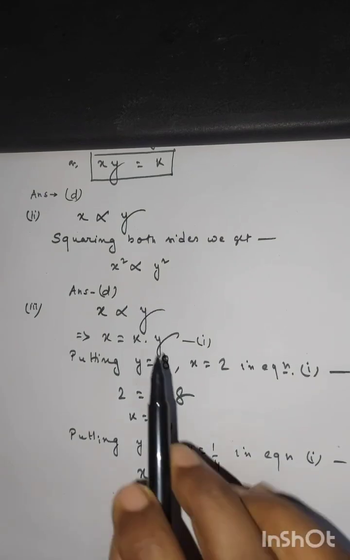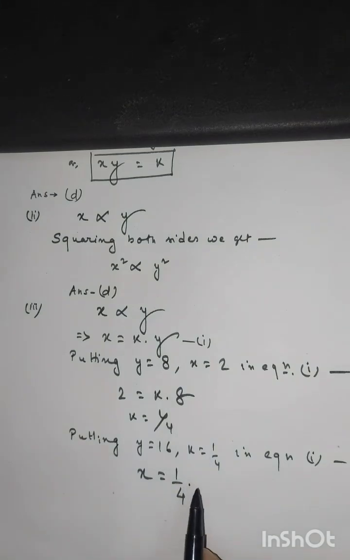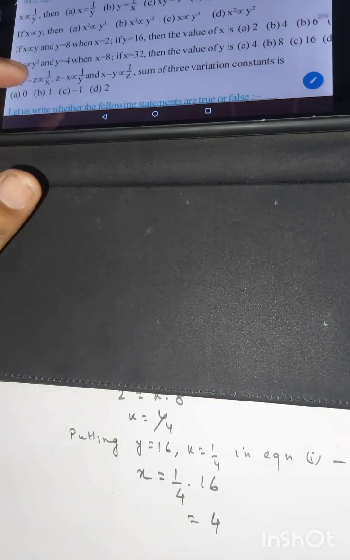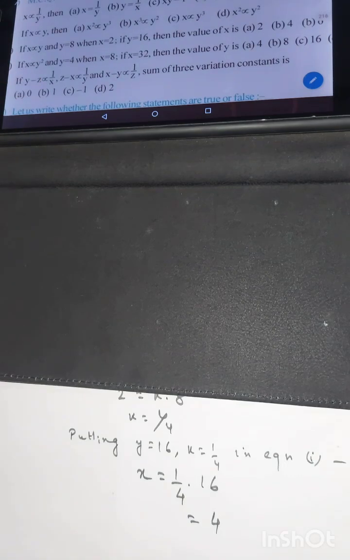K is 1 by 4 and in place of y we write 16. So it becomes 4. So the answer is 4. Option B is correct.